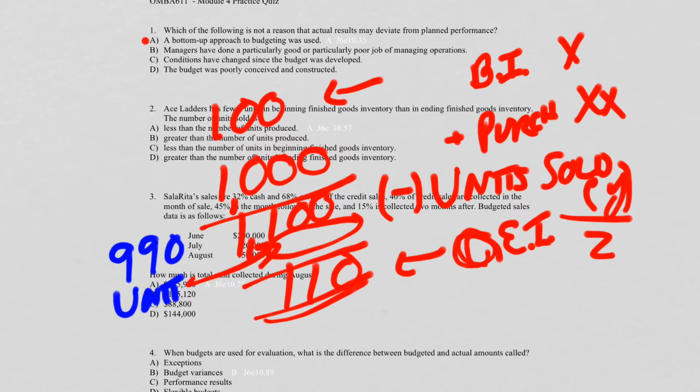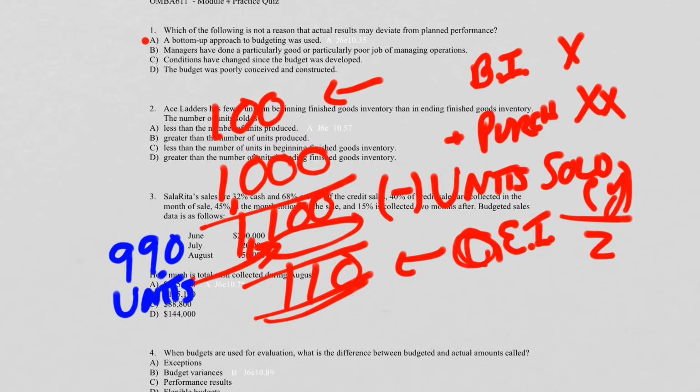What number do you need to subtract from 1,100 to get to 110? If you take 1,100 and subtract 990 as the units sold, you'll wind up with 110 units left, which is the ending inventory.